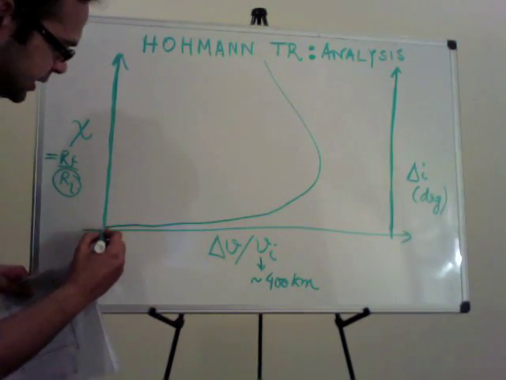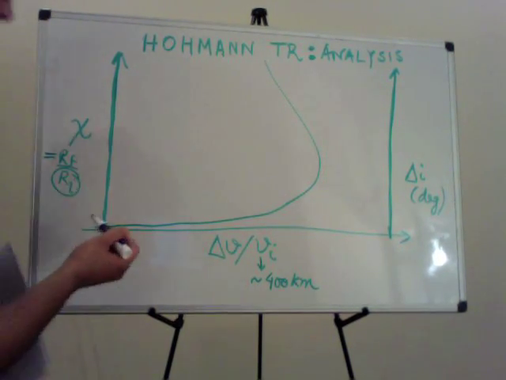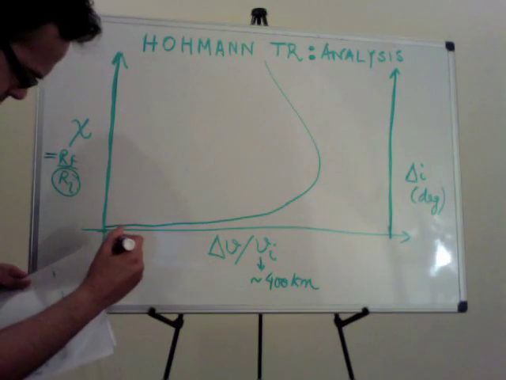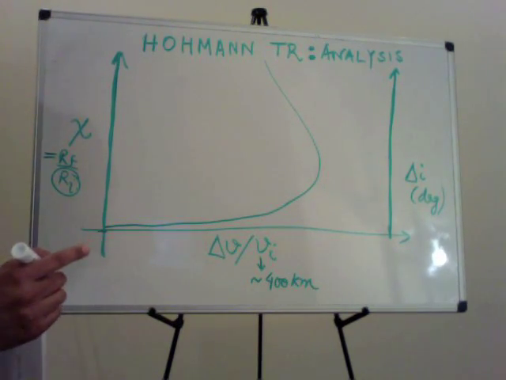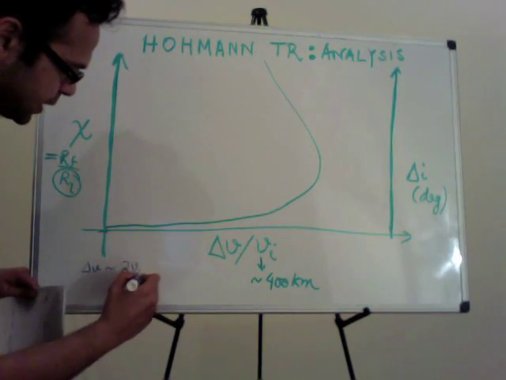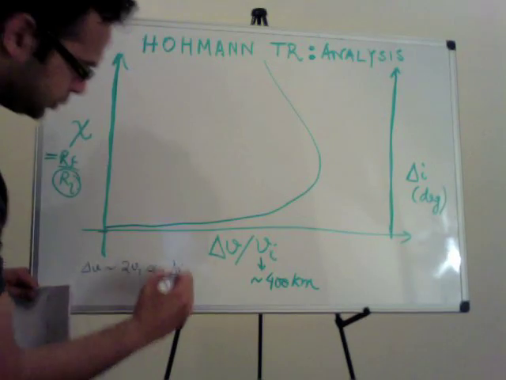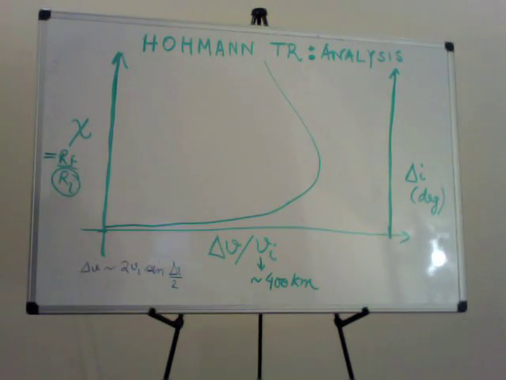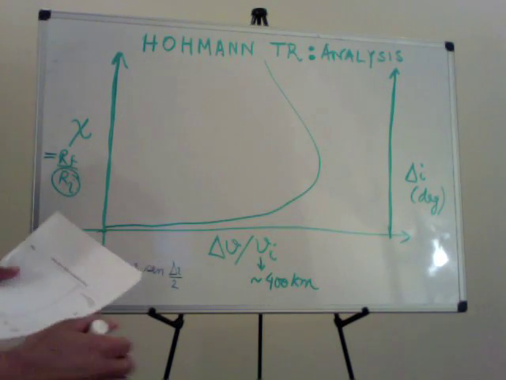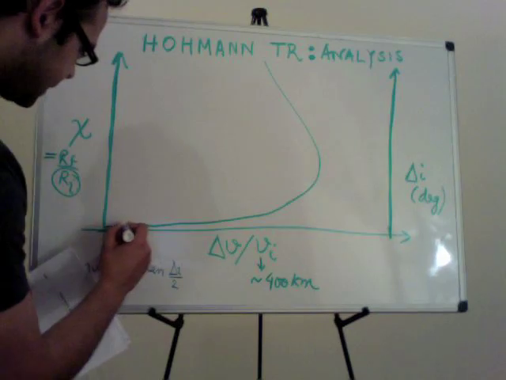So this plot starts at 0, in a different color here. You remember that delta V was 2 times Vi sine of delta I over 2, so this is a sine type of curve. And plotted, it goes like that.